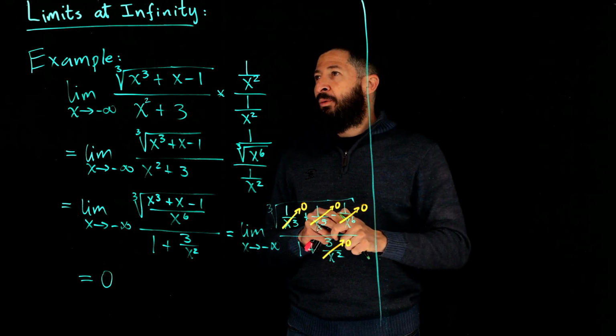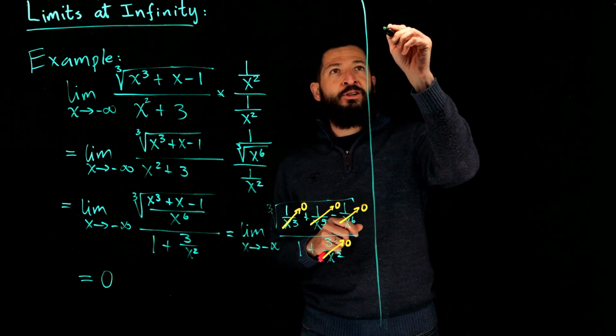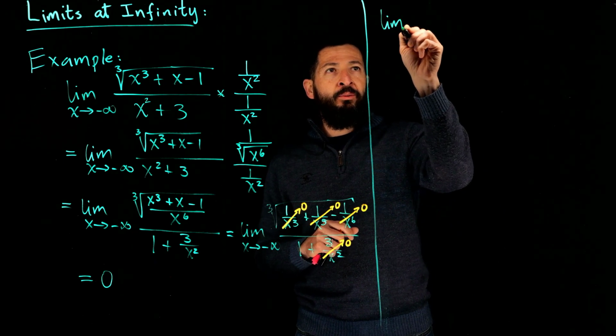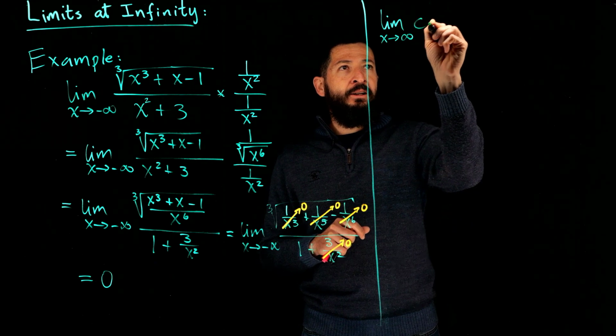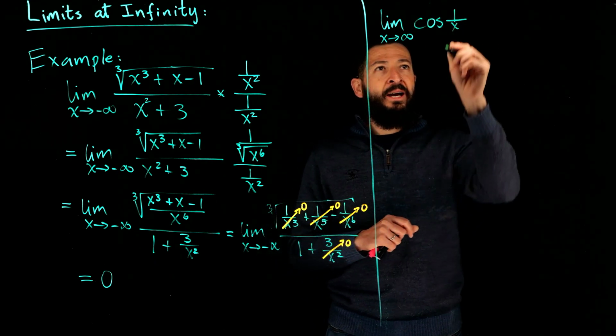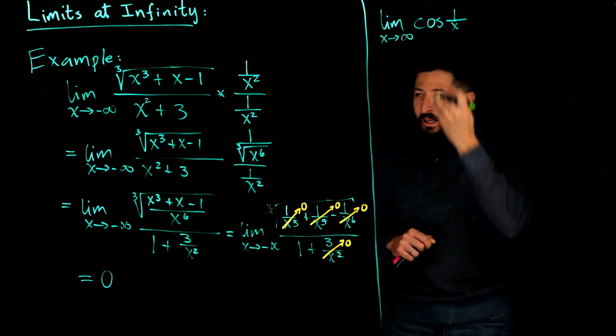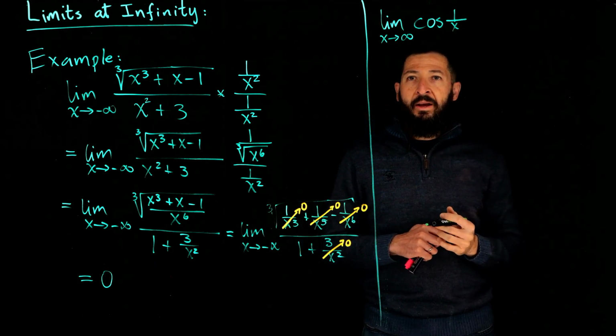let's take a look at one more example. And in this case, we're going to be looking at a different kind of function. So what happens, for example, with the limit as x goes to positive infinity of the cosine of 1 over x? So now we have a trigonometric function and a 1 over x. We know that 1 over x goes to 0.